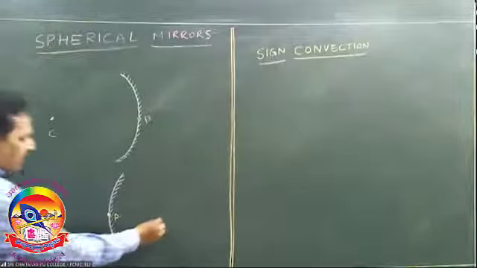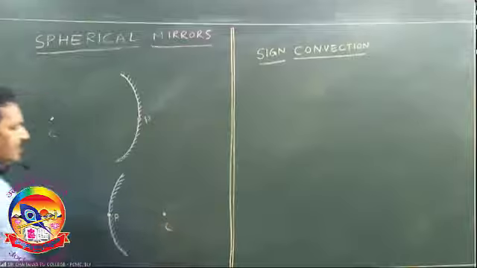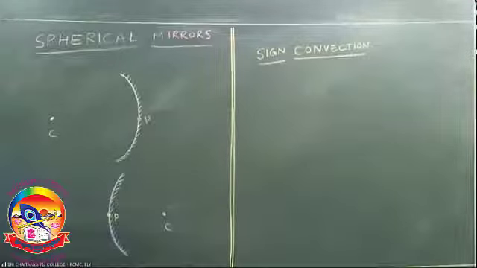The radius of the complete sphere is the radius of curvature. Pole, center of curvature, radius of curvature.